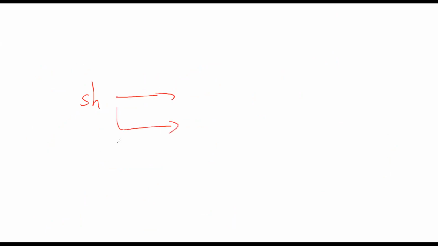Because that sh is only a, what was this called, guys? The thing that we have with sh, what is it called? We talked about it. Symbolic link, right? Symbolic link.